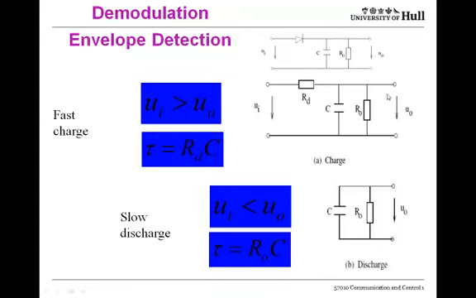And the effect is that UO will grow as the capacitor charges to follow UI. When UI drops below UO, then this diode is reverse biased, and it acts like an open switch, so this part of the circuit is not there at all. In that case, the capacitor discharges through the resistor, and the output voltage UO decays exponentially with a time constant given by the capacitance and the resistance. So this is the time constant of discharging.